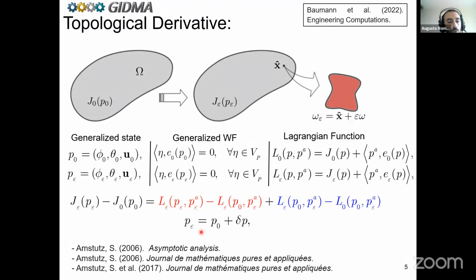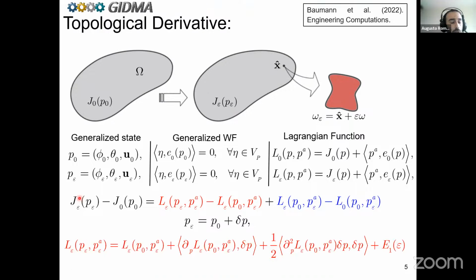We calculate the topological derivative of this problem employing Lagrangian techniques. On this paper, you can look for a brief review of the most novel techniques to do that. But for this particular case, we will employ the Amstutz method with some minor modifications.